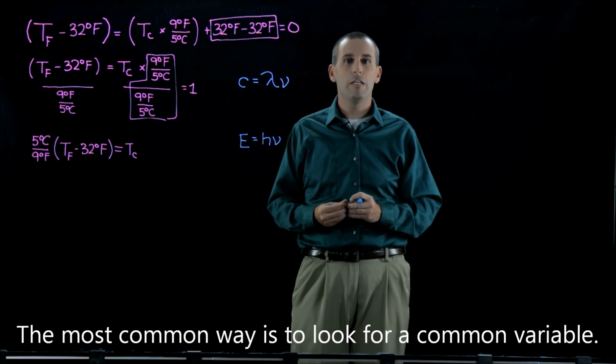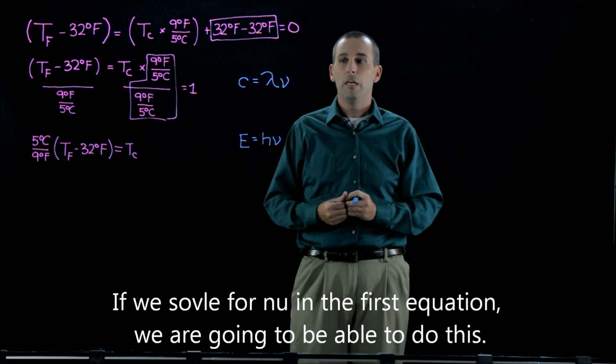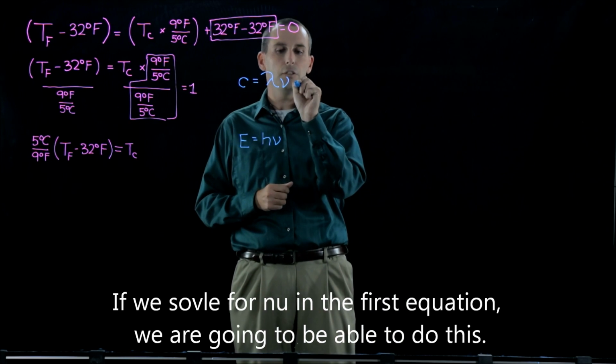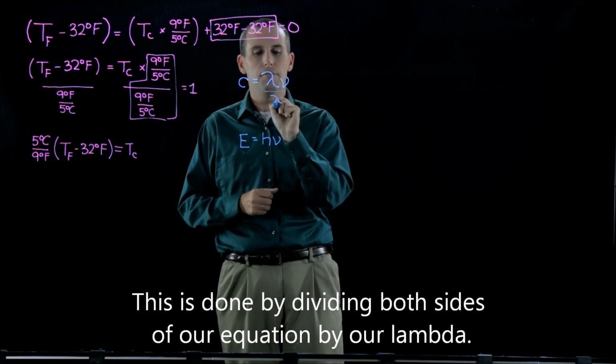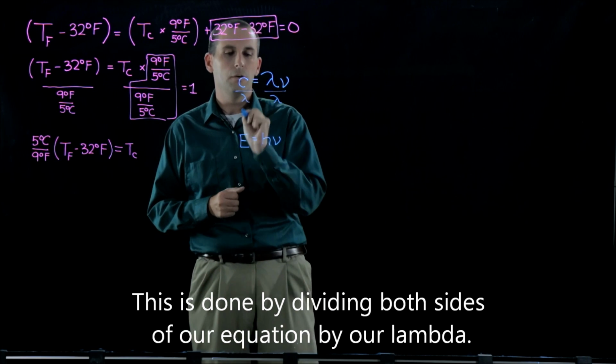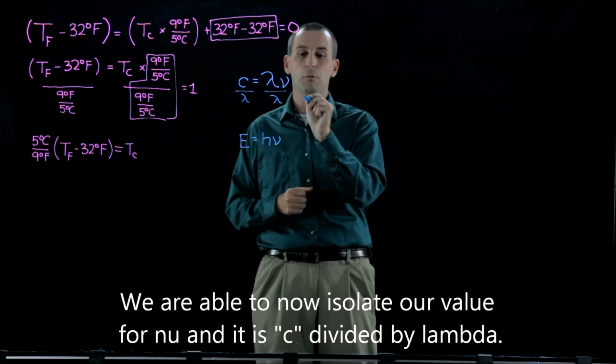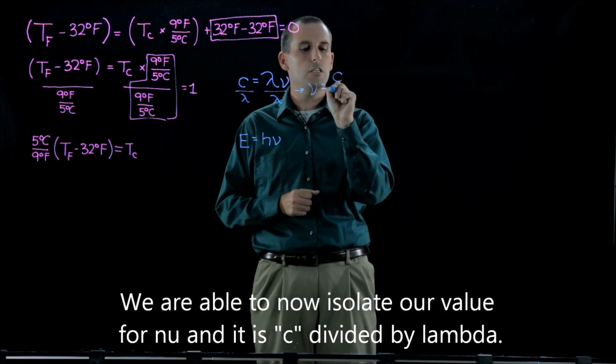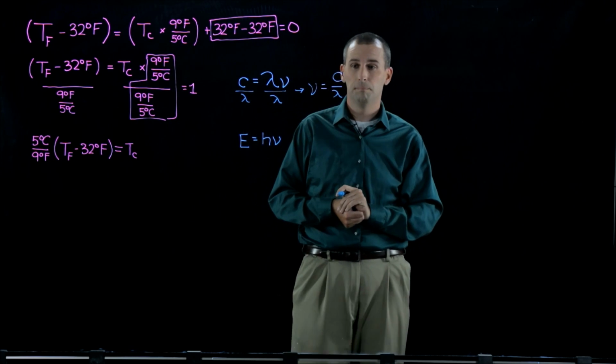The most common way is to look for a common variable. If we solve for nu in the first equation, we are going to be able to do this. This is done by dividing both sides of our equation by our lambda. We are able to now isolate our value for nu, and it is c divided by lambda.